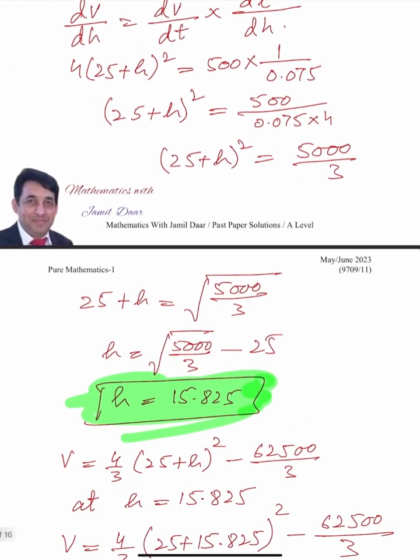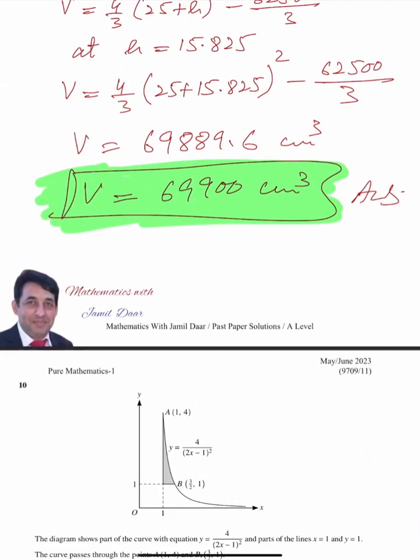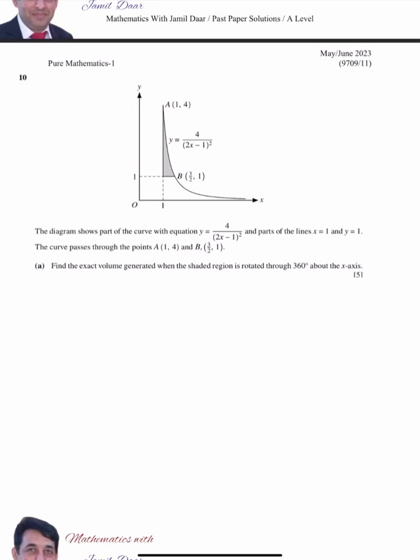Okay, so the next question is question number 10. The diagram shows part of the curve with this equation and parts of the line x equal to 1.